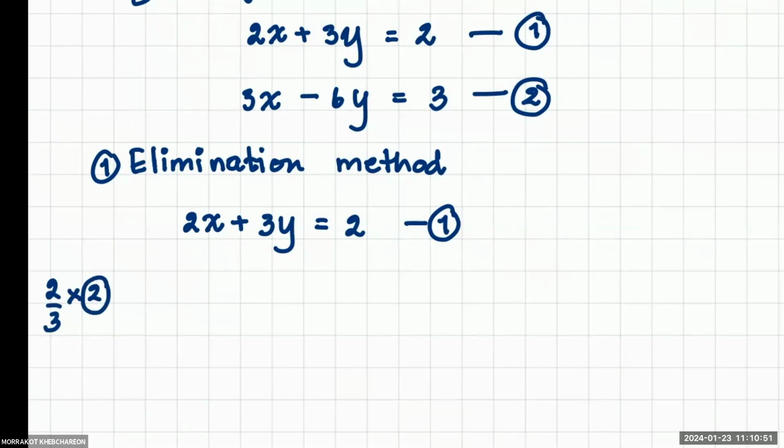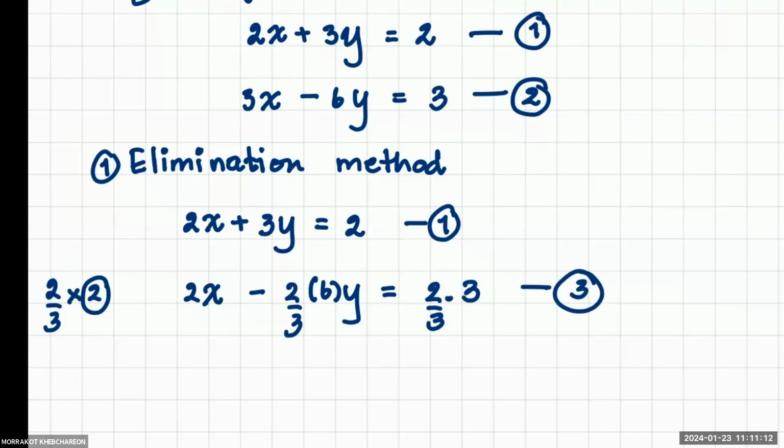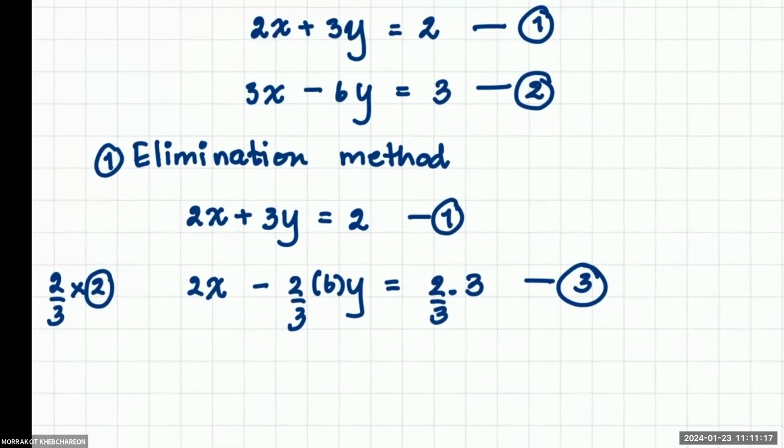If I multiply 2 over 3 to the second equation, I will get 2x minus 2 over 3 times 6y equals 2 over 3 times 3. I get equation number 3. I rewrite it as 2x minus 4y equals 2. That's number 3.